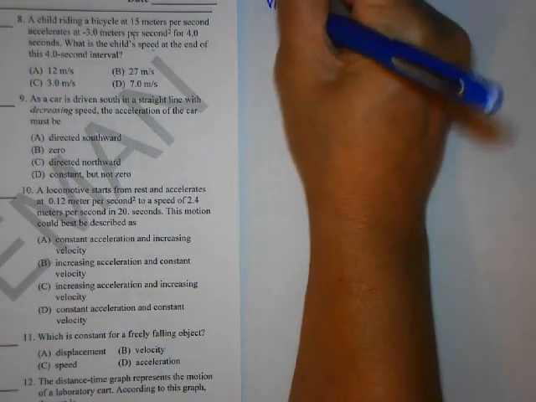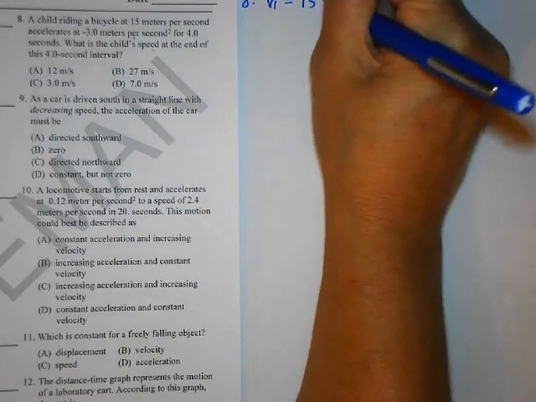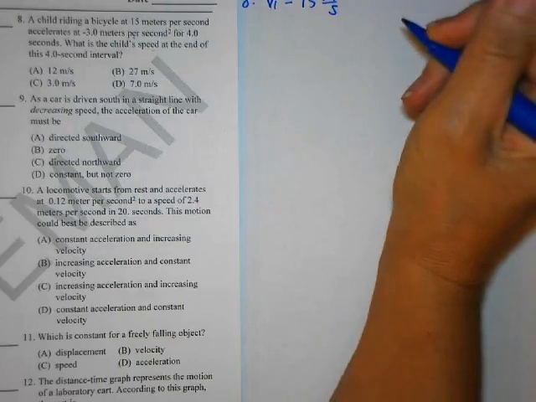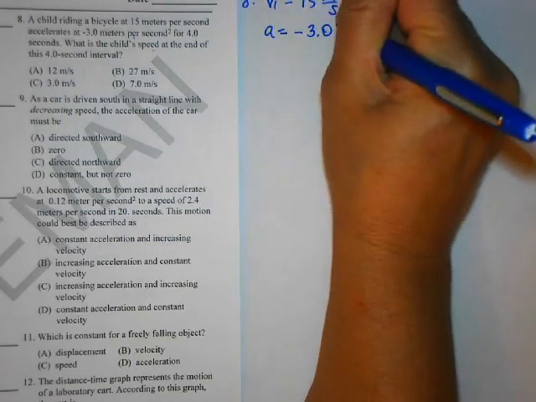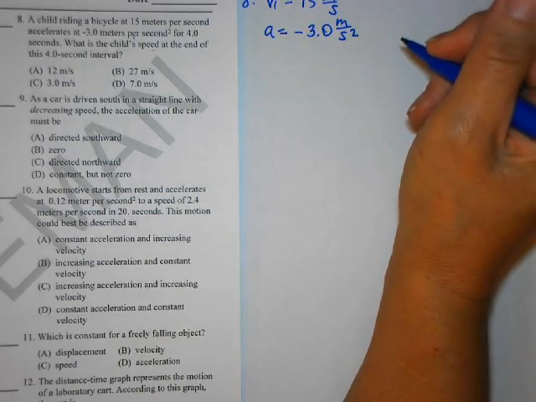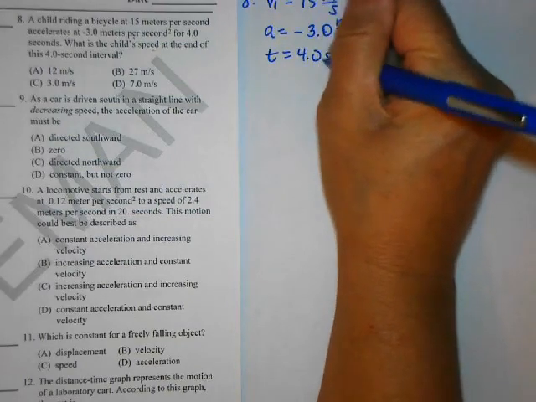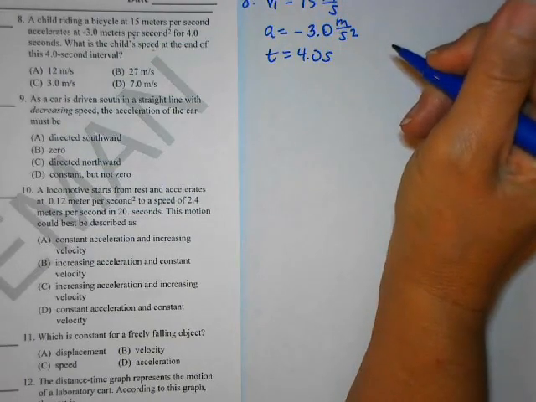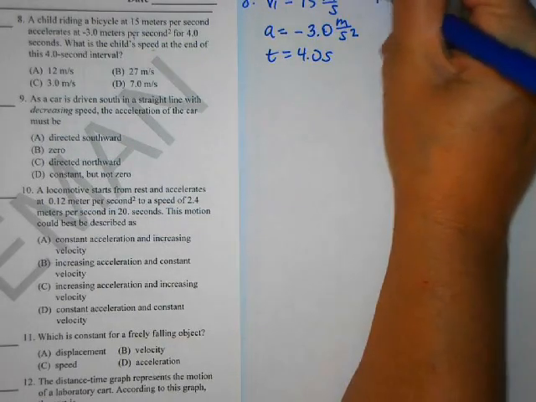So VI is equal to, and this is number 8, 15 meters per second. They accelerate. So the acceleration is negative 3.0 meters per second squared for 4 seconds. What is the child's speed at the end of this interval? So I want to find VF.